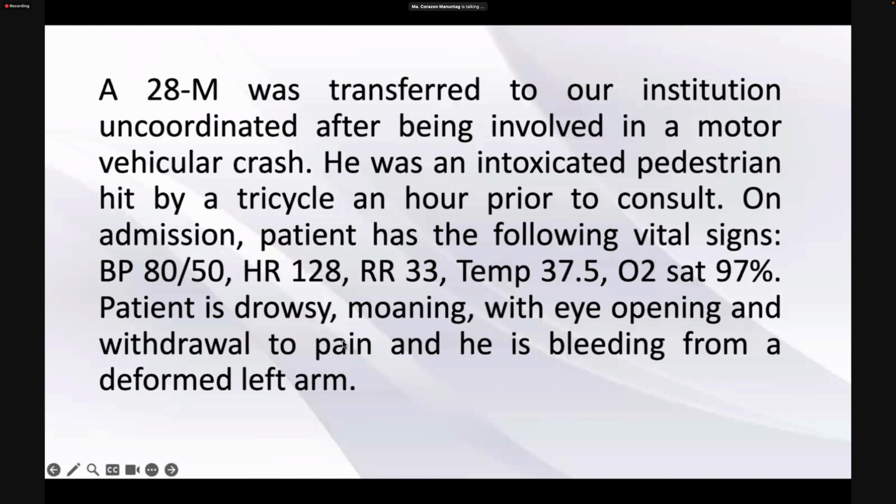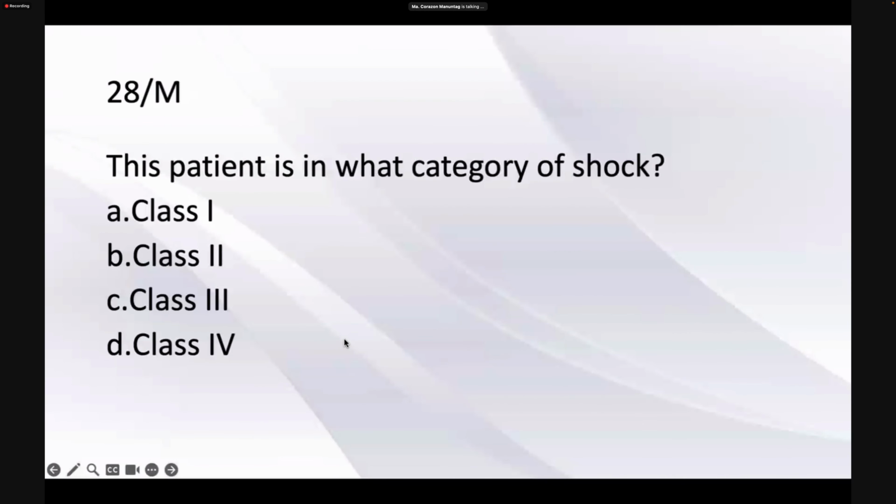He is bleeding from a deformed left arm. What category of shock? He is hypotensive already, so automatically, minimum class 3. If class 3, the next question could be what percent is the expected blood loss, or what base deficit is expected, things like that. That's why you refer to that table shown earlier.